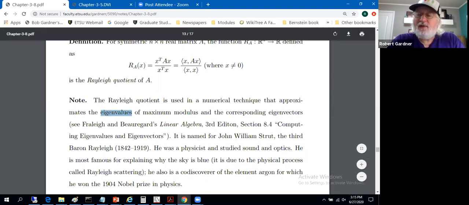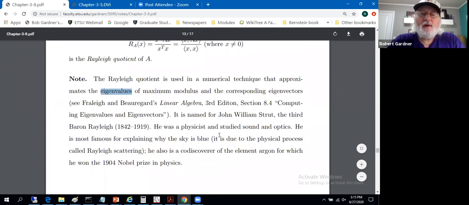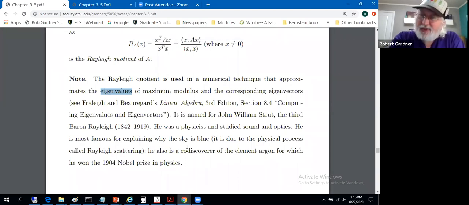A little trivia more than anything here. This is named for John William Strutt, the 3rd Baron Rayleigh. He was a physicist who studied sound and optics, and is probably most famous for explaining why the sky is blue. The sky is blue due to a process called Rayleigh scattering. He's a co-discoverer of the element argon.